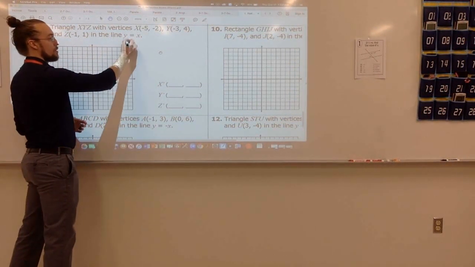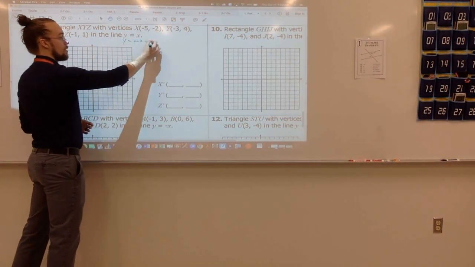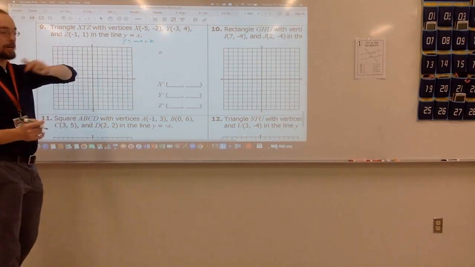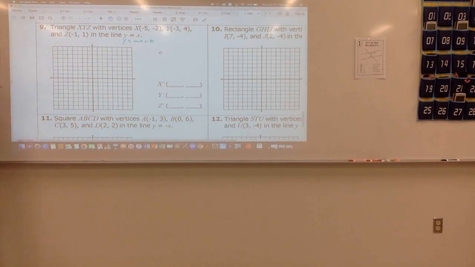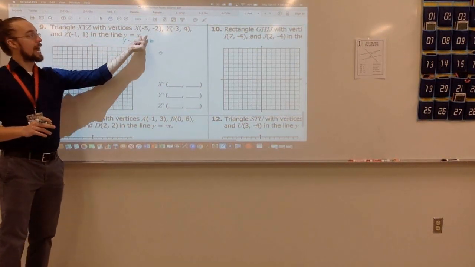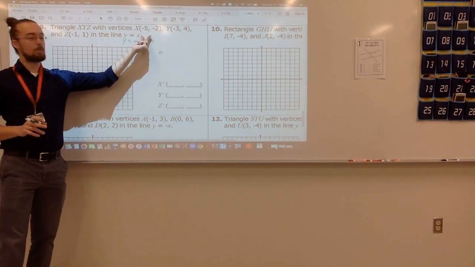So if we think about y equals mx plus b, I want to graph a line. The two things I'm looking at are the y-intercept and slope. So what's the y-intercept of y equals x? Zero, right? There's nothing being added, so the b value would be 0.